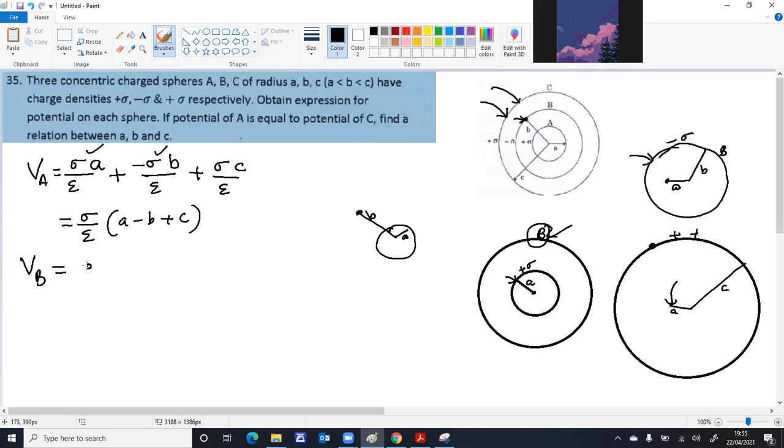I want a value because of these formulas. How are you going to apply that? Sigma B by epsilon, outside point. What's the formula? Outside point is not that formula, right? Sorry. Sigma by epsilon, A square by B.